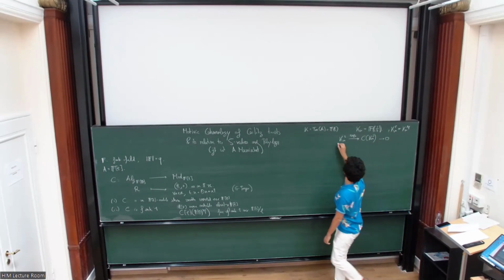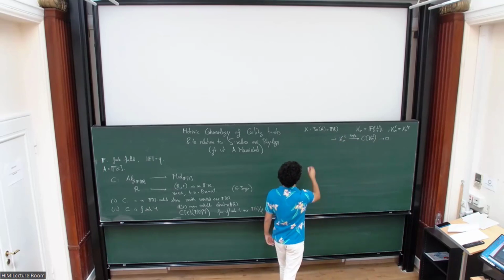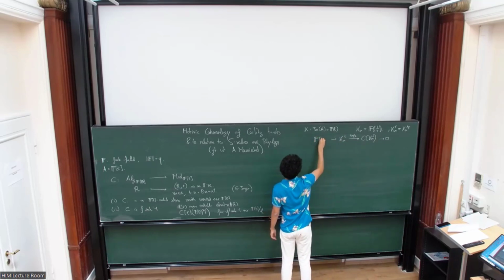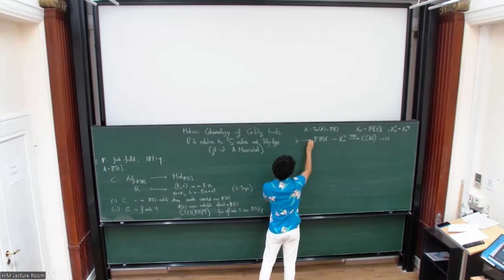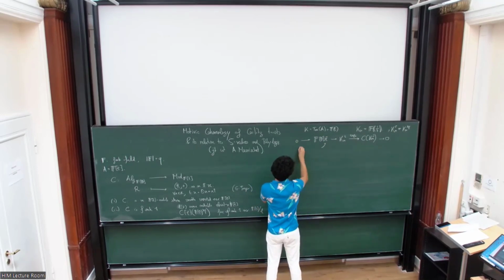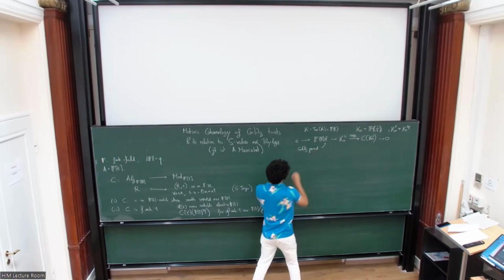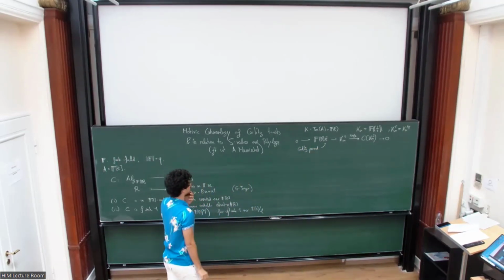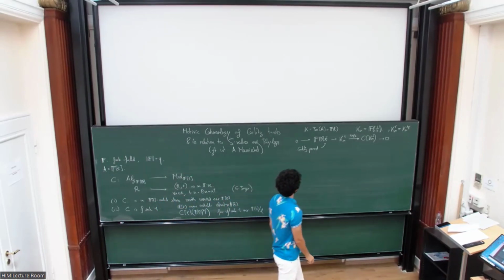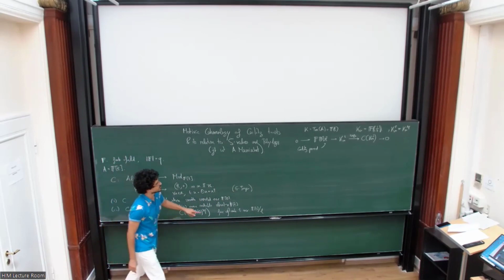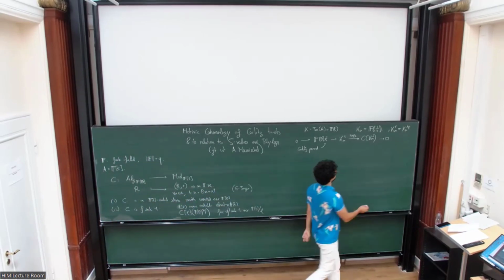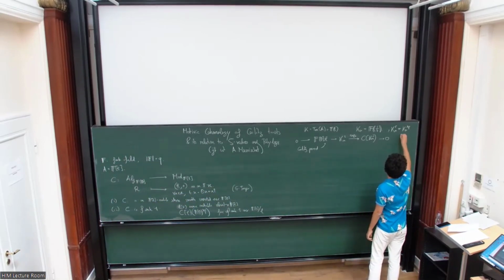And it is surjective, and there is actually a kernel, which is free of rank 1 over A, generated by the so-called Carlitz period. We give a formula for that. You can already see where this statement comes from: this is an exact sequence of F[T]-modules.